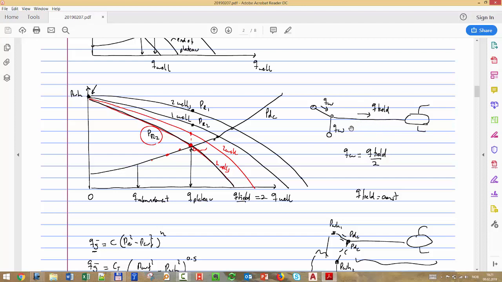So we shouldn't use here the Q of the well, because depending how many wells I have, that rate will change. Here I should have the Q of the field, that's not going to change, but then the curve will change depending on how many wells I have. So just be aware of that. Here I think we had yesterday Q well, it should be Q field, the rate that I'm producing from both wells.